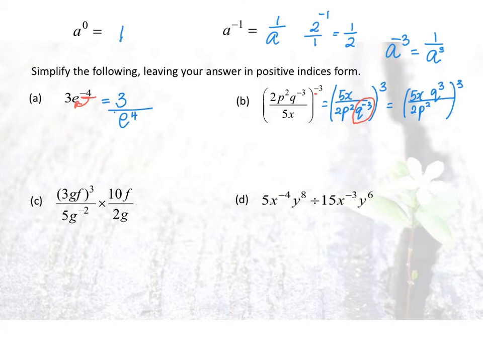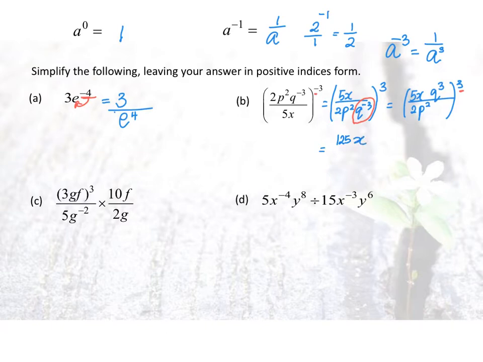Then next we need to handle this power 3. So 3 is applied to everything inside the bracket. So we will be able to get 5 to the power of 3. That gives me 125. Please don't tell me 5 to the power of 3 is 15. Okay, use your calculator.